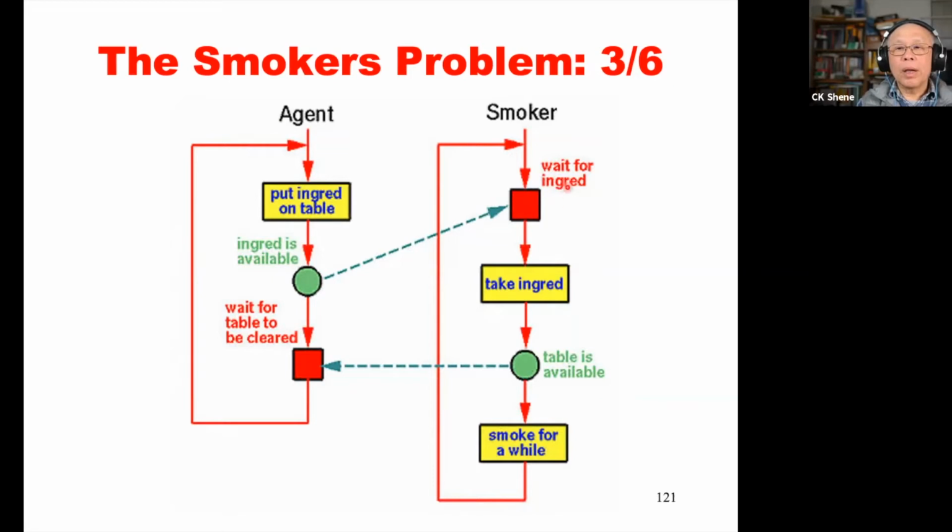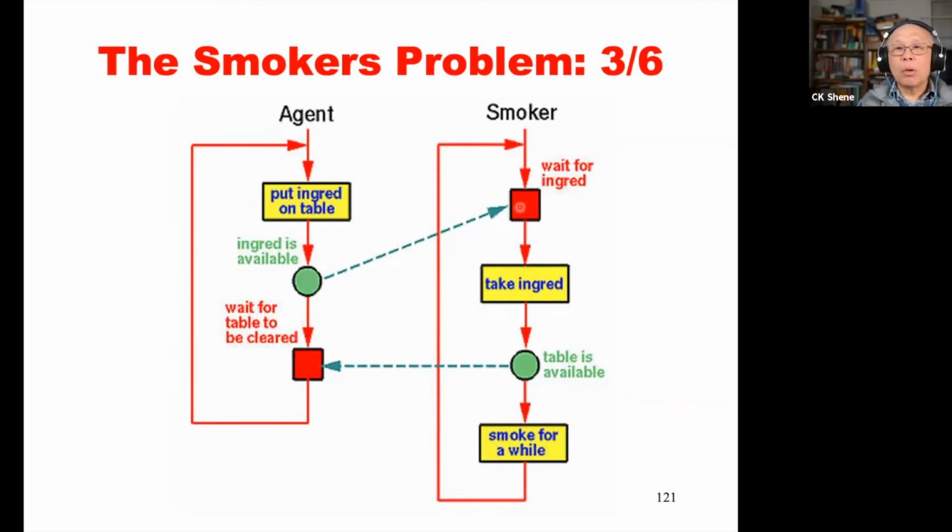On the other hand, a smoker waits for the ingredients. As we mentioned, the ingredients are generated by the agent, put on the table, and the smoker is notified.